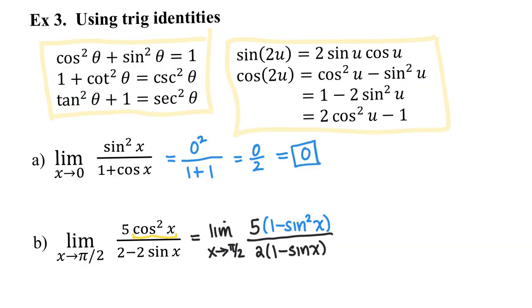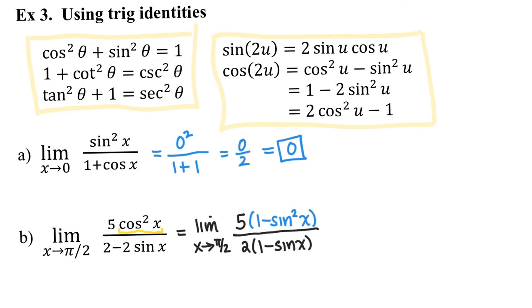Okay, there's nothing I can do quite yet, but I can see that I can factor this expression more. So I'm going to go ahead and factor that expression more.